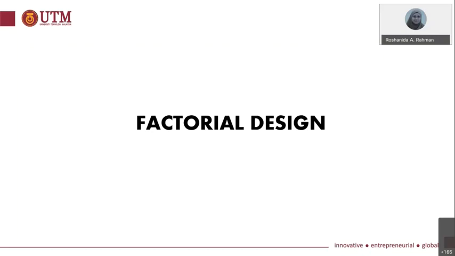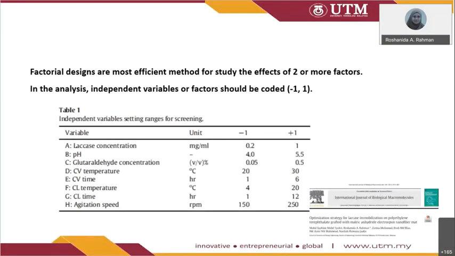So factorial design is one of the methods if you want to study the effects of 2 or more factors. You have 2 or more factors, and it is also very good for the screening process.